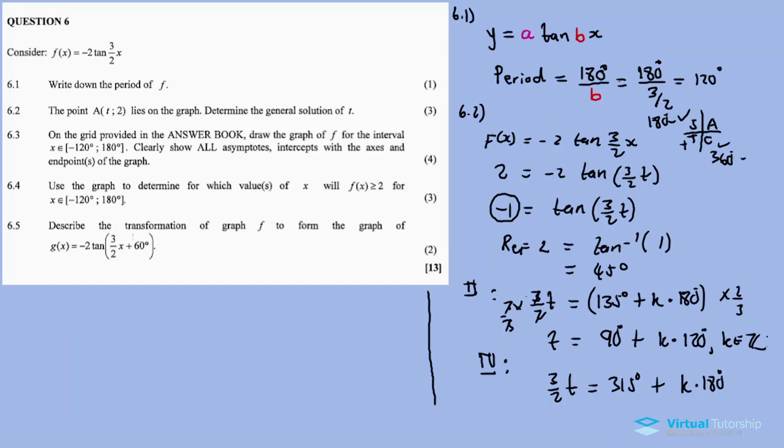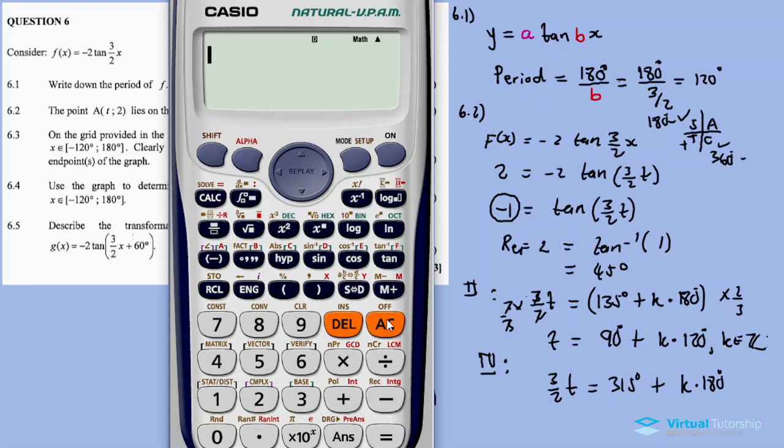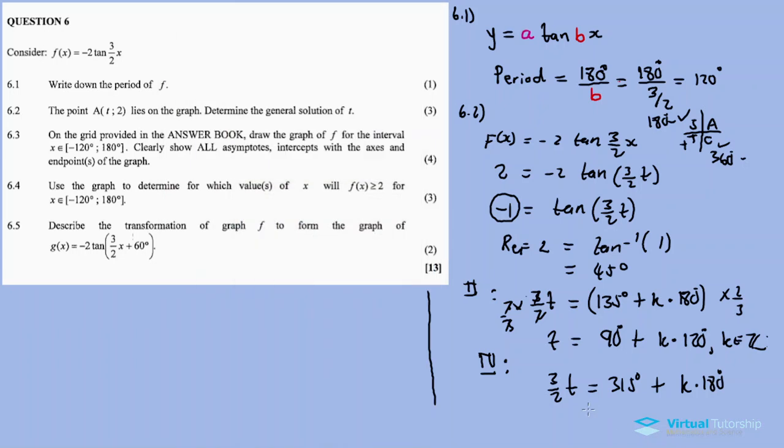Again, we multiply on both sides by 2 over 3. 2 over 3 times 315 totals 210, so t is equal to 210 degrees plus k times 120 degrees, k an element of the integers. So these are the general solutions for t.